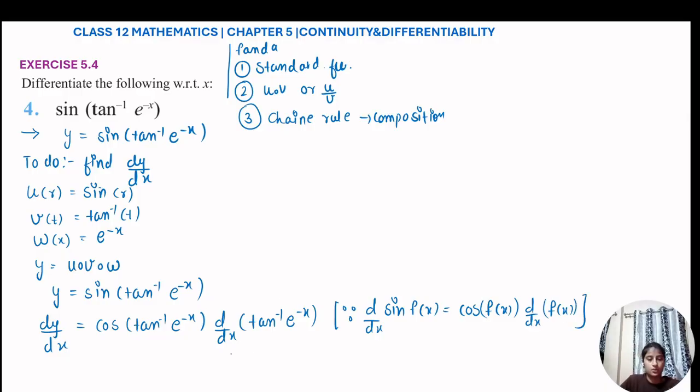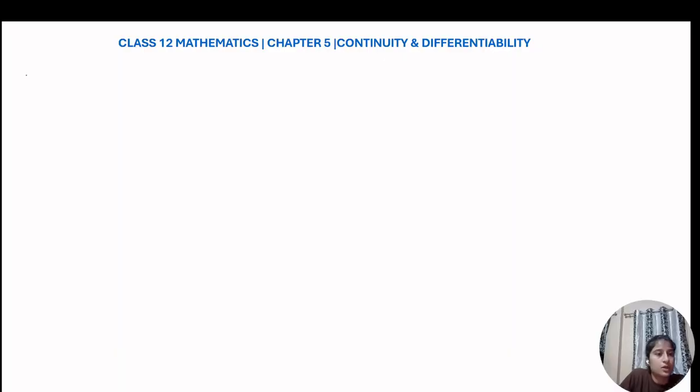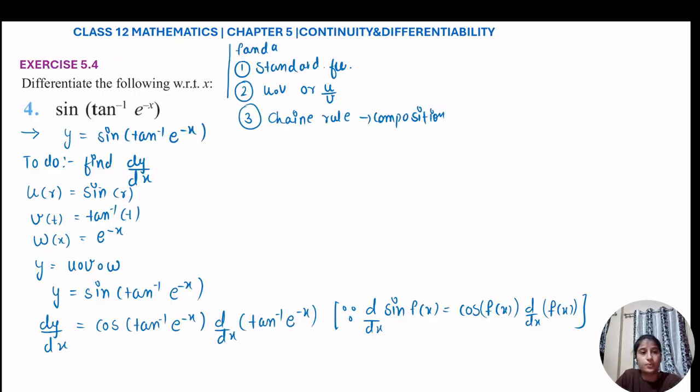Okay, so now let's move ahead. So now we have to find its differentiation. So our dy by dx is cos of tan inverse of e raised to minus x. Then what we have to do? We have to differentiate tan inverse of e raised to minus x.